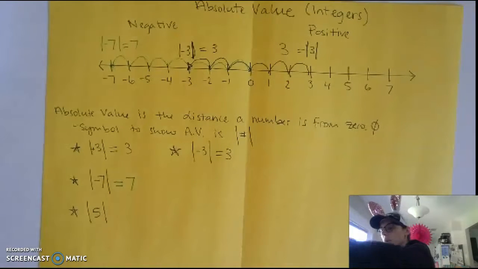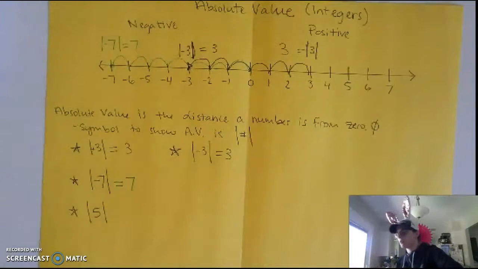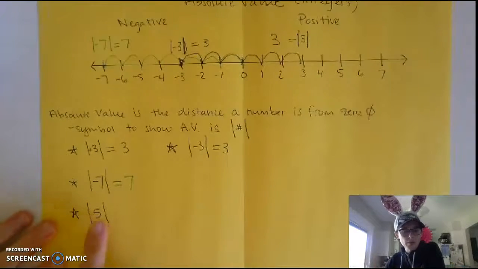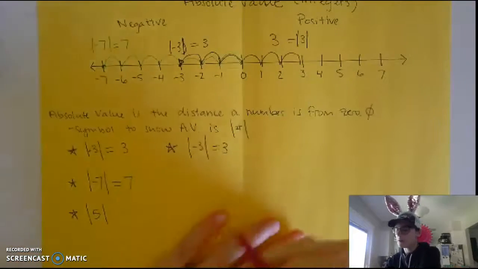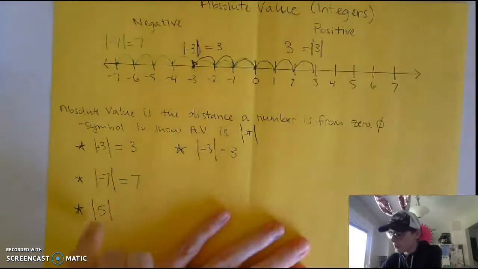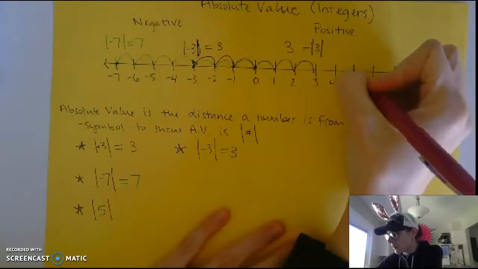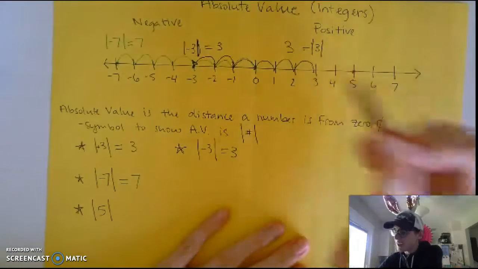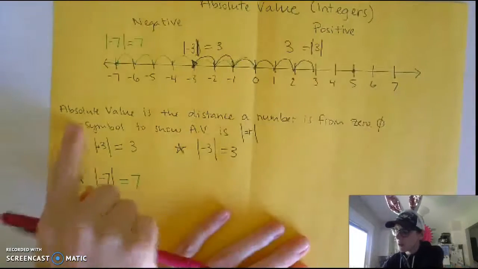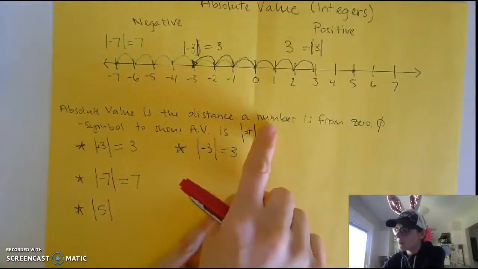I'm going to switch colors again, to this pinky purple color. Now I want to do the absolute value of positive 5. If there's no symbol next to it, just assume it's positive 5. So I'm going to put my dot on positive 5. I know I have to start at 0 because absolute value is the distance a number is from 0.